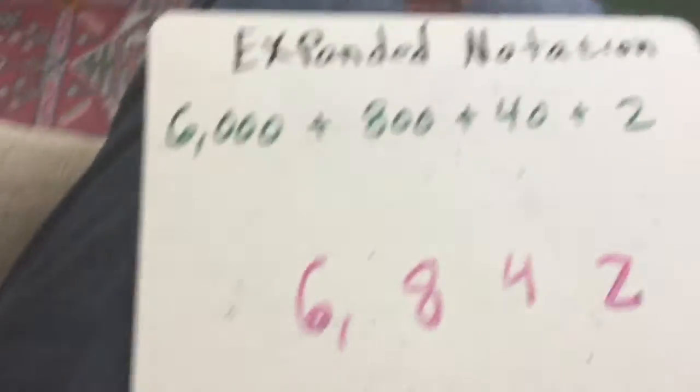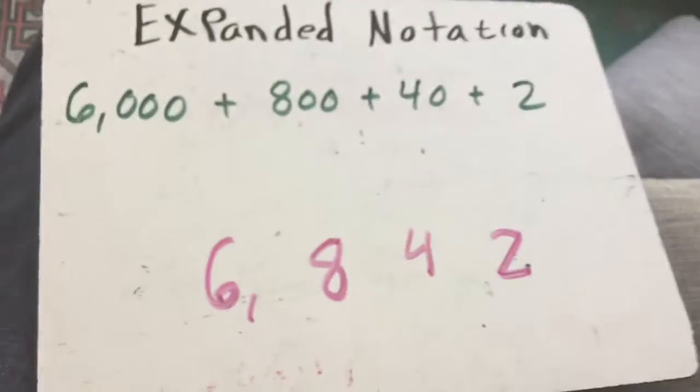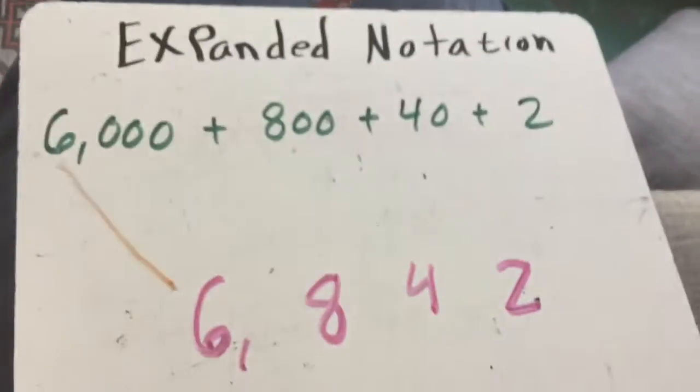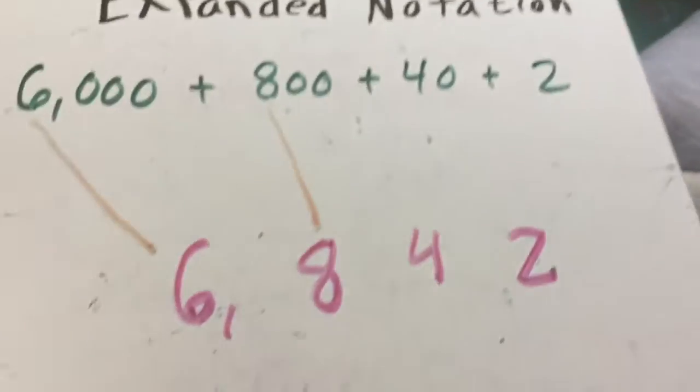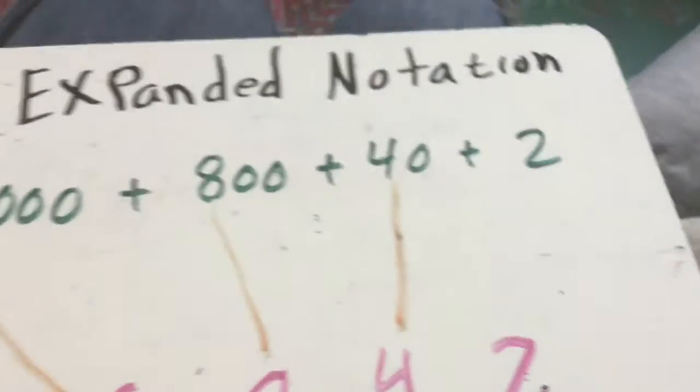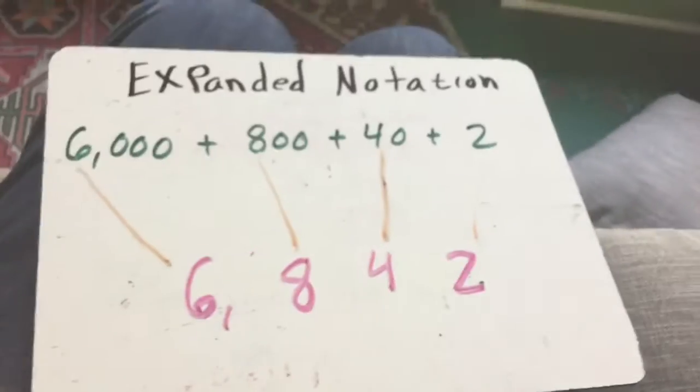And there is my answer: 6,842. 6 in the thousands place, 8 in the hundreds place, 4 in the tens place, 2 in the ones place. That's how it works.